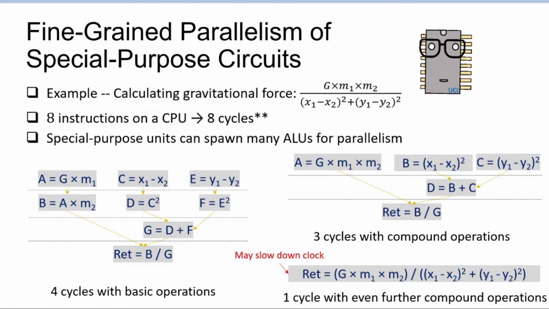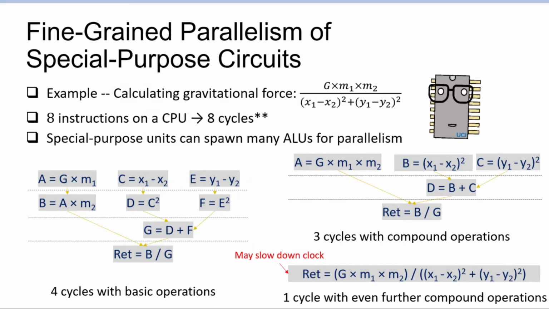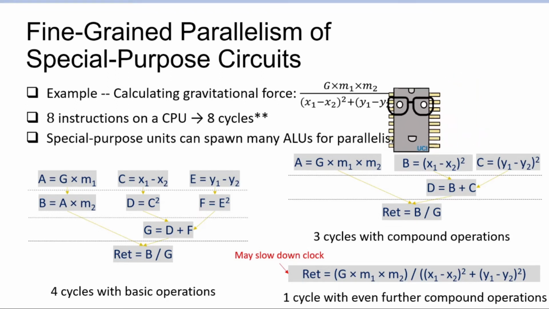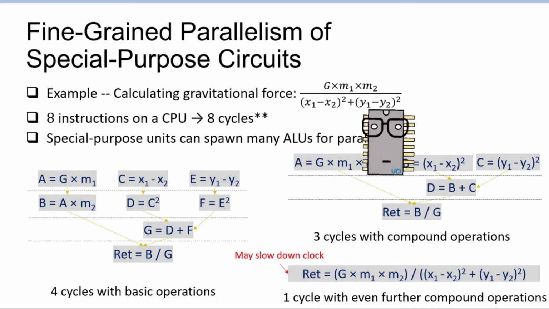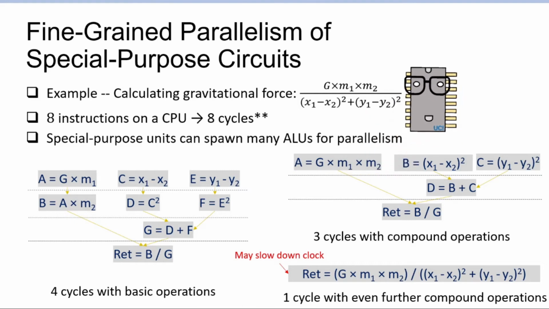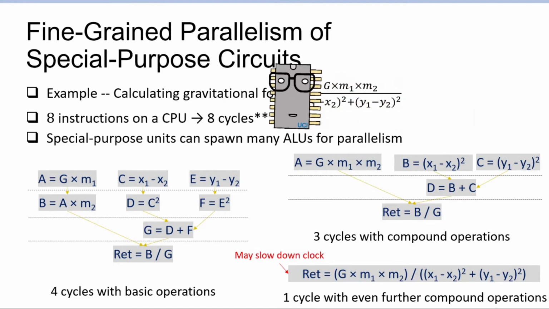So yeah, we can use the example of calculating gravitational force between two particles on a two-dimensional plane. Gravitational force calculation is high school stuff. You calculate the squared distance between these two particles, (x1 minus x2) squared plus (y1 minus y2) squared, and you use that to divide the multiplication of the masses multiplied by the gravitational constant.